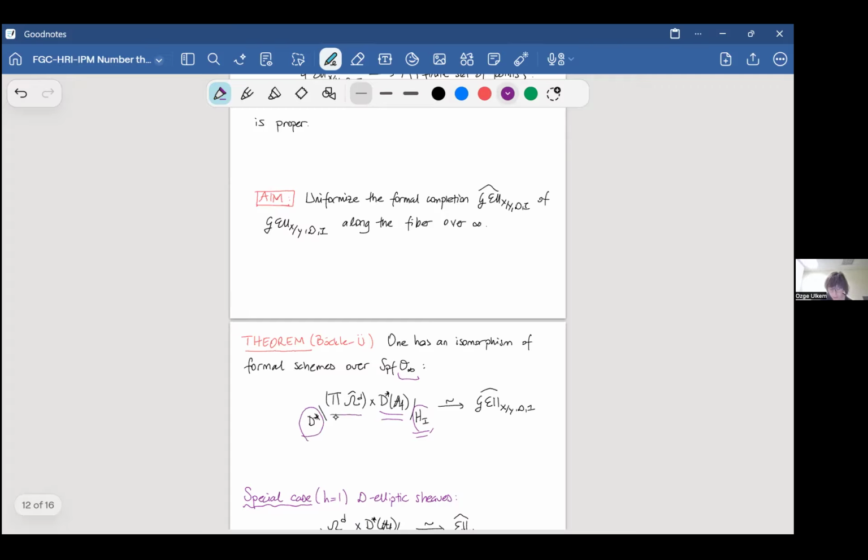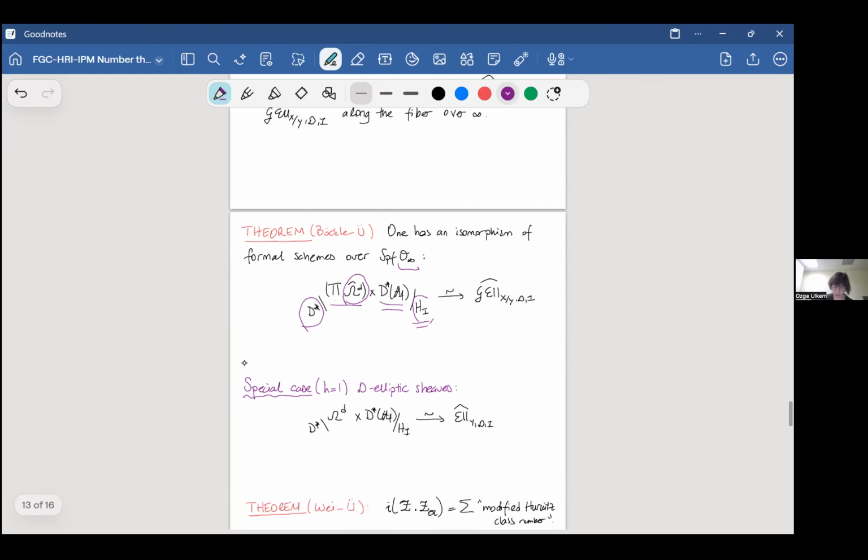And we have here h copies of this Omega hat, which is the formal completion of the Drinfeld upper half plane, because I have h many infinities. This is like complex uniformization of Shimura curves, Shimura varieties, because I don't have a non-uniformizable locus, which would be the case of p-adic uniformization. But in my case, everything is uniformizable. So it can be thought of as an analog of complex uniformization.